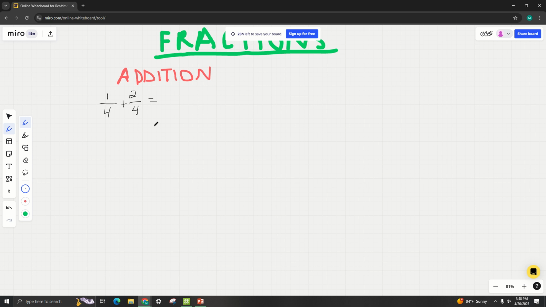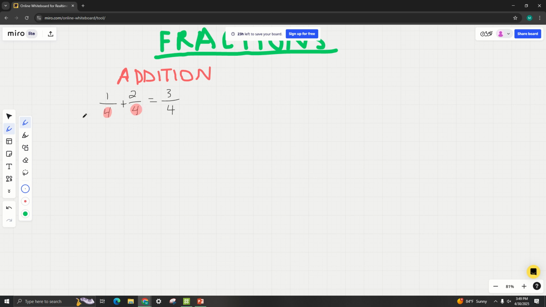With adding and subtracting fractions, they must have a like denominator. So these two numbers here need to be the same, and luckily in the example I chose, they are the same. They need to be the same because that is going to be the denominator of our answer. So when we add and subtract fractions, we're actually only working with the top two numbers once we get that common denominator. So now I just add 1 and 2, which gets me 3, and my answer is 3/4.